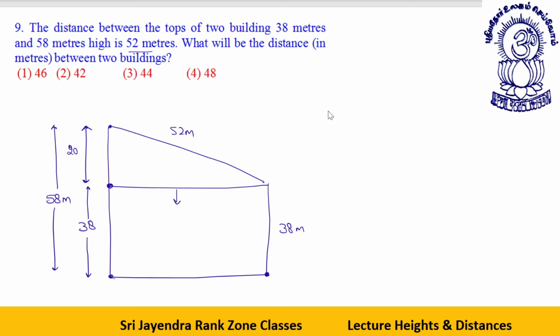See, we have a direct simple logic. 5, 12, 13 is a Pythagoras triplet. If you multiply this by 4, what do you get? You get 20, 48, 52, which is also a Pythagoras triplet.